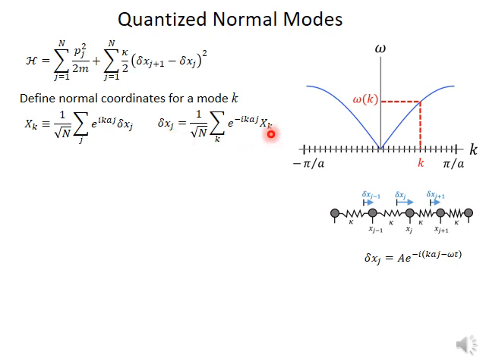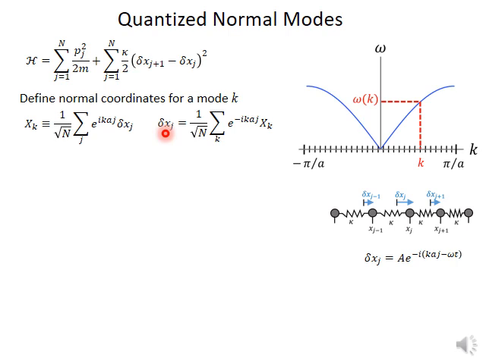To do that, you take the normal coordinate of one particular mode and multiply it by this factor, which is the conjugate of the phase factor for that particular k at the jth atom, and then you add these terms for all the k modes which are present in the system within the first Brillouin zone.